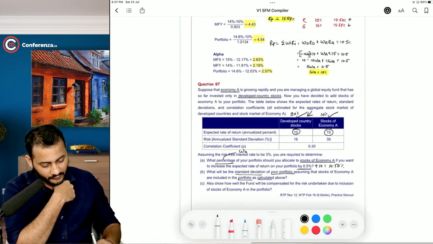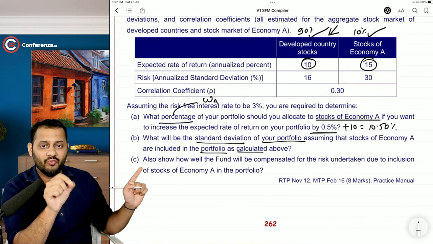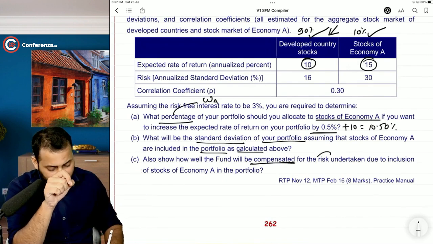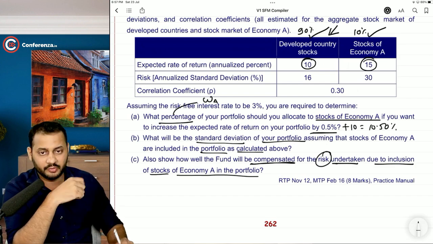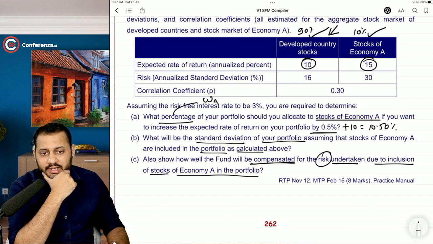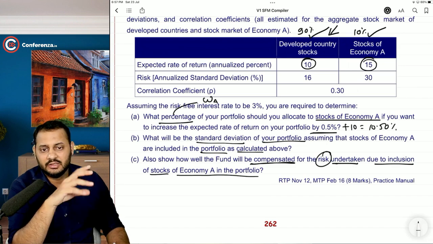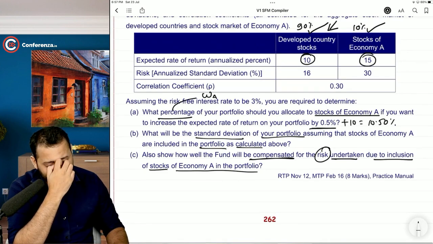Okay. Now, also show how well the fund will be compensated for the risk undertaken due to the inclusion of stocks of economy A in the portfolio. Now, looking at the question, you can write anything as an answer. First of all, let's discuss the question.